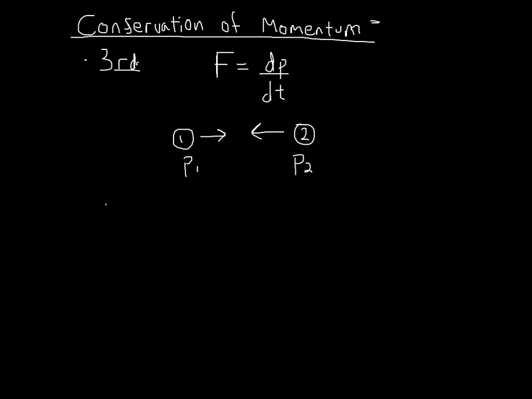According to Newton's third law, we're going to have an equal and opposite force acting between these two particles. If the forces are equal and opposite, then the total force inside of the system is going to be 0. Force has to be equal to 0. If the total force is 0, then the change in momentum has to be equal to 0.